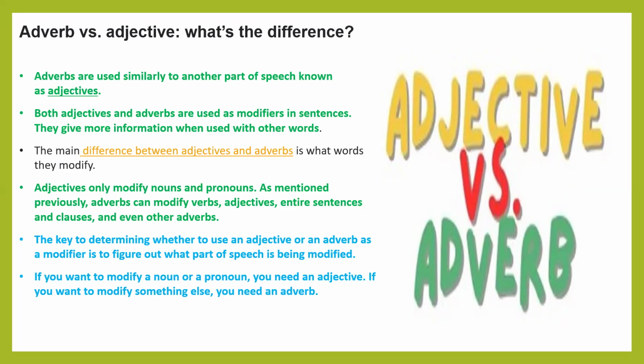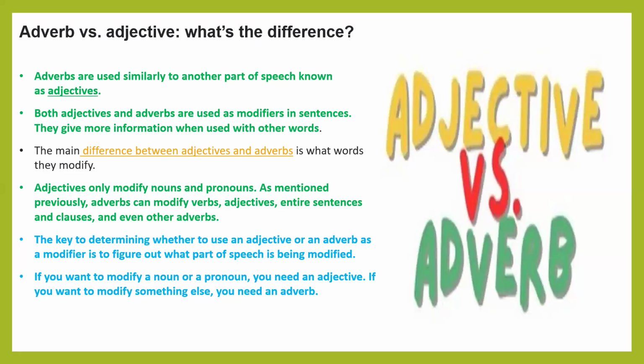The key to determining whether to use an adjective or an adverb as a modifier is to figure out what part of speech is being modified. Whether it is modifying a noun or pronoun, or it is modifying verbs, adjectives, entire sentences and clauses, and even other adverbs. So these are the keys to know an adjective or an adverb.